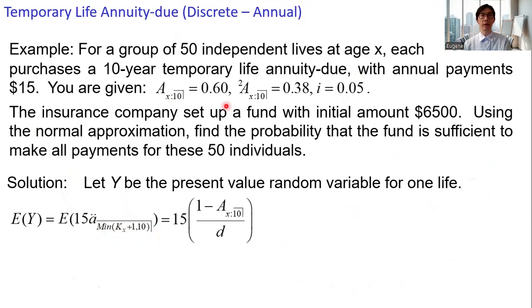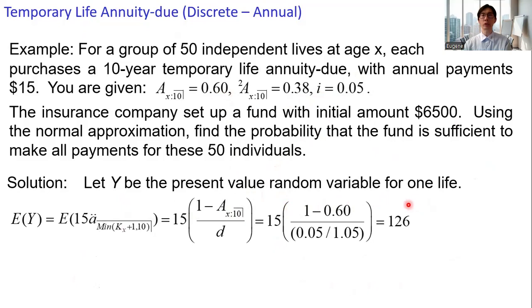Given the values related to the insurance, make use of the Y-Z relationship, which is 15 times 1 minus the expected value of Z, and Z corresponds to the random variable for endowment insurance. Substitute the numbers, and we get the expected value for Y, which is 126.